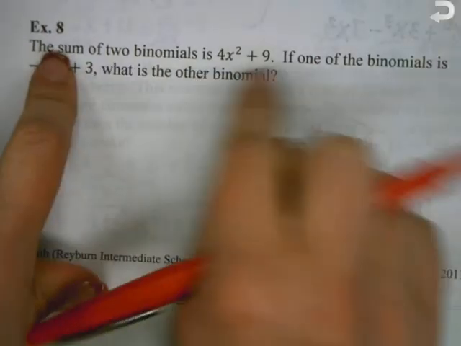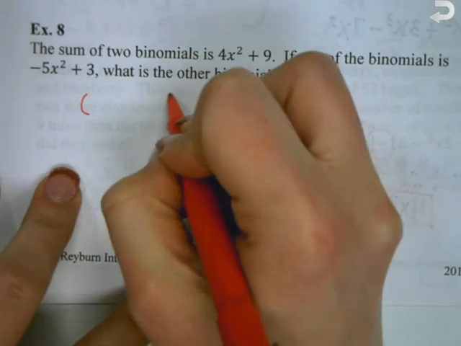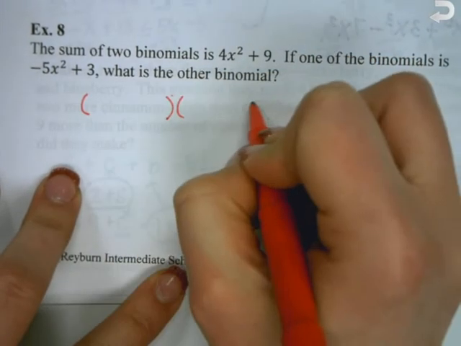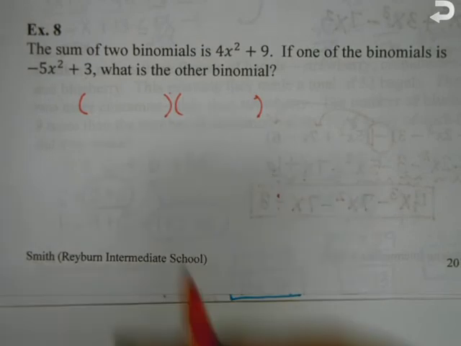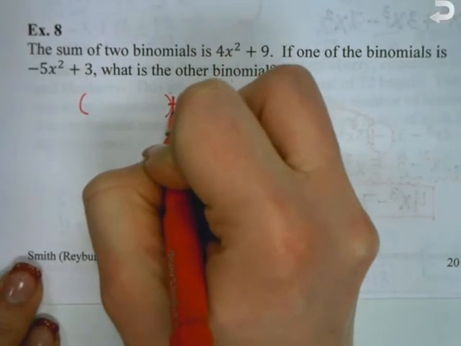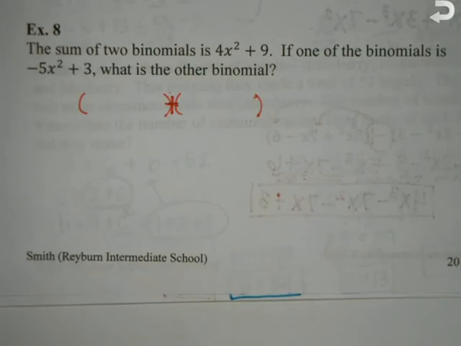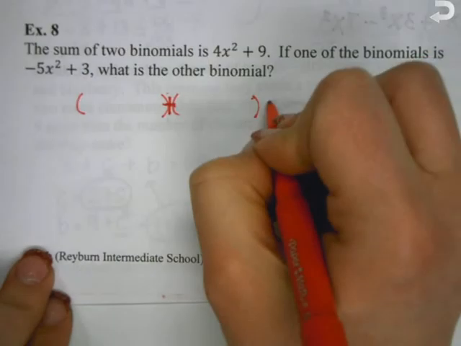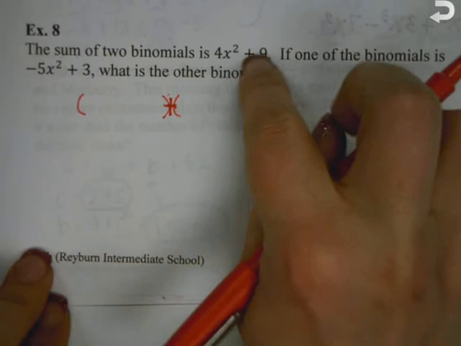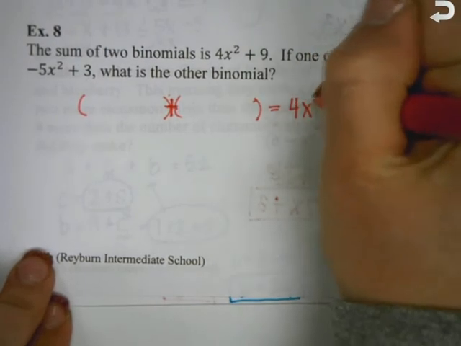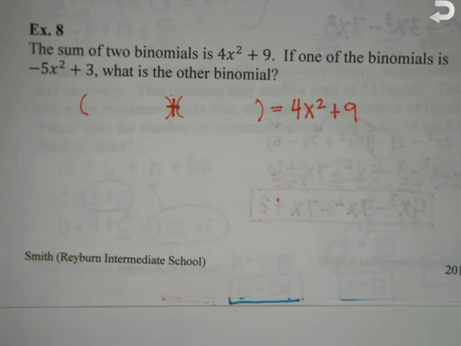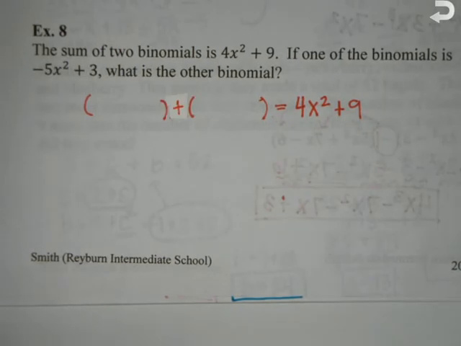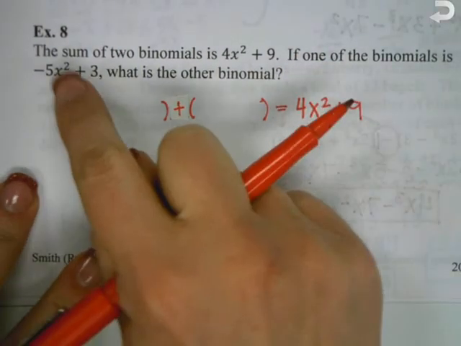And what does sum mean? Add. So we are adding them together. Is, so that means equals 4x squared plus 9. If one of the binomials is negative 5x squared plus 3, so we can fill one of those in.